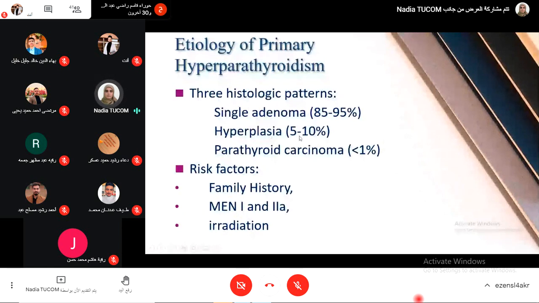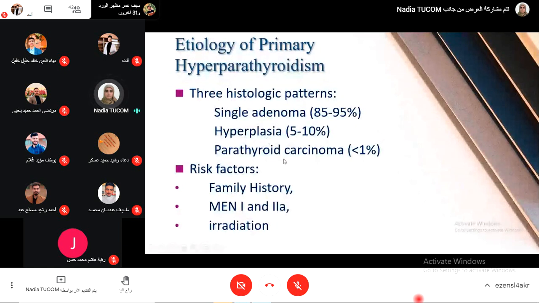The most common is a single adenoma, a parathyroid adenoma. A single gland, a single adenoma, not multiple. Yes, we said adenoma is usually single, and the other glands are not enlarged, whereas hyperplasia is generalized, involving all four glands. And parathyroid carcinoma is rare.